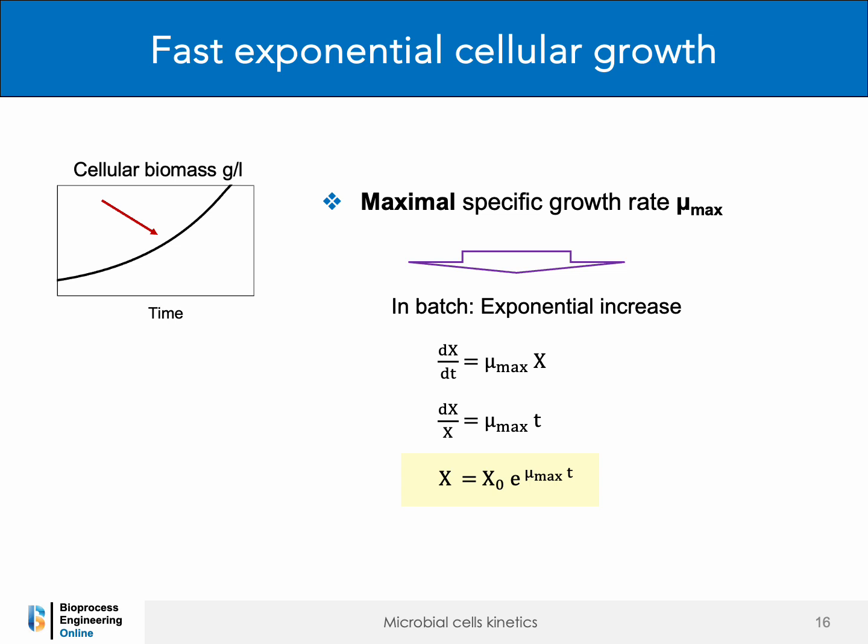In a batch fermentation, the instantaneous biomass balance leads to a differential equation that expresses the time derivative of the biomass concentration, dx over dt, as equal to mu max times x. Integrating this equation results in an exponential increase in biomass concentration, x equals x0 exponential mu max t, where x0 is the biomass concentration at the start of the exponential growth phase.